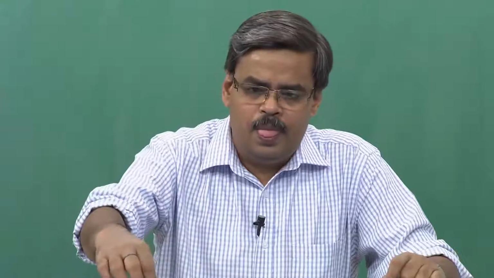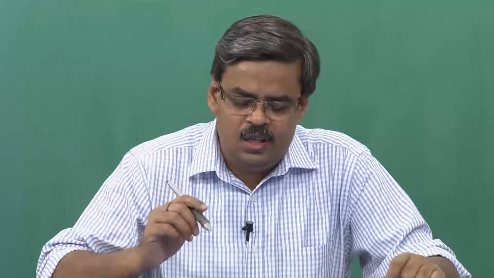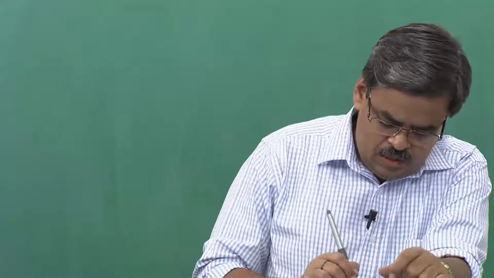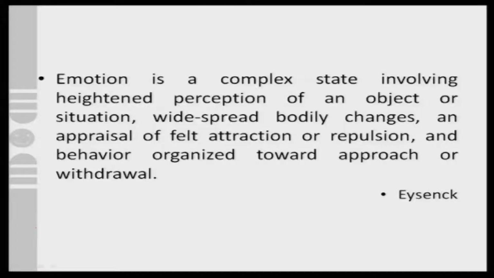If I now break this down into the complexity that Eysenck talks about, it would be something like this. The first thing you have is the heightened perception, bodily changes, appraisal which is either attraction or repulsion, and then behavior which follows either an approach or a withdrawal mechanism.